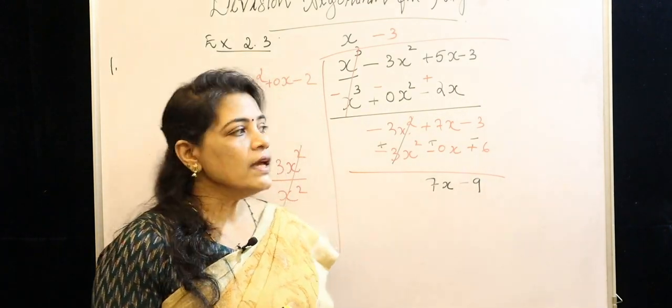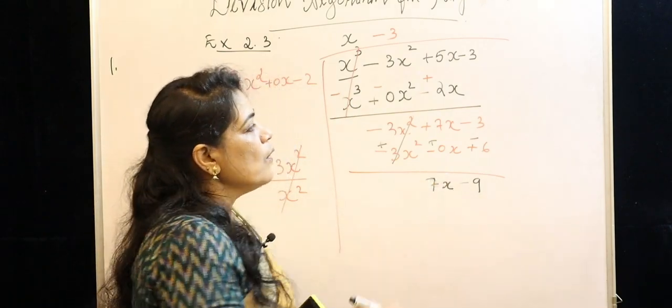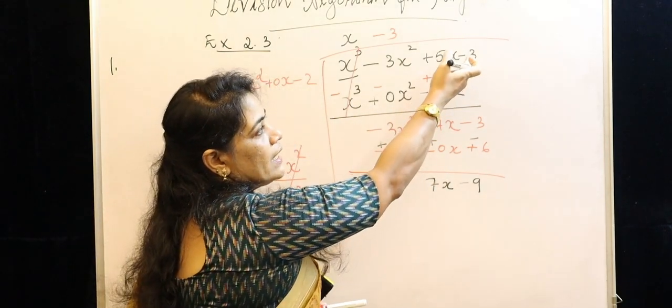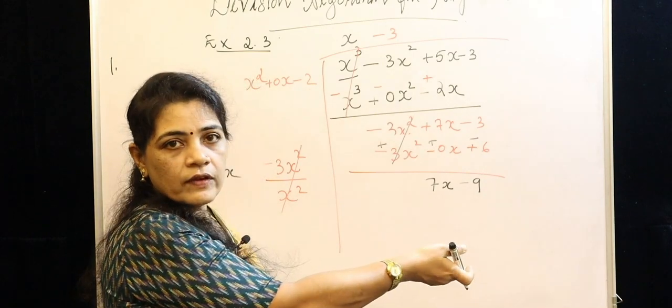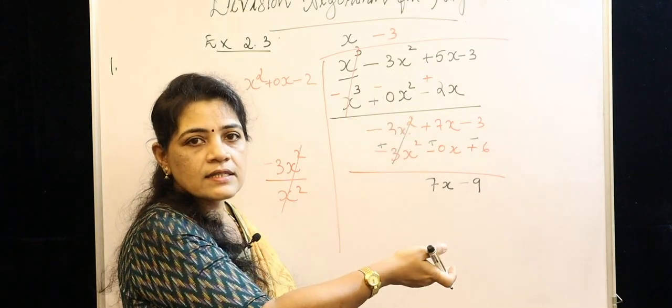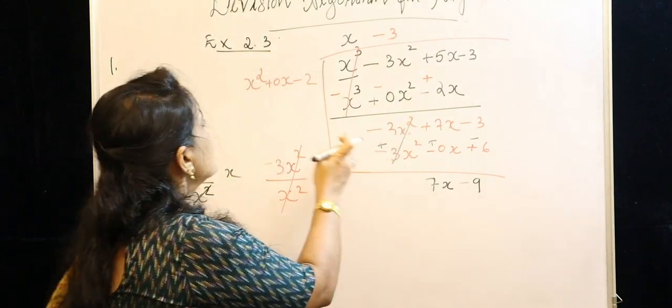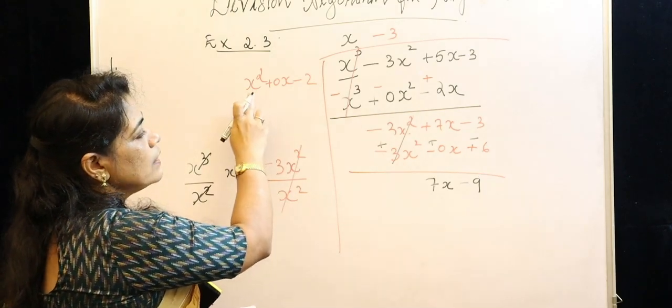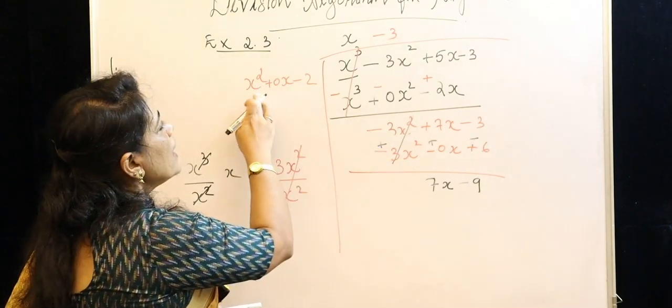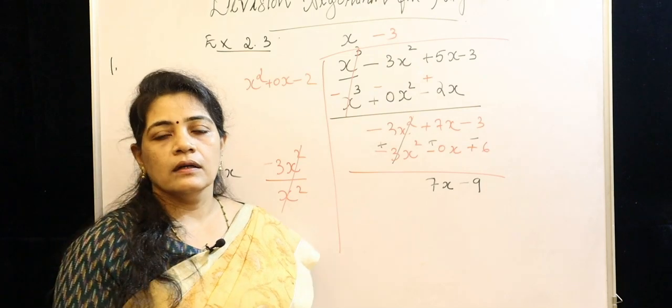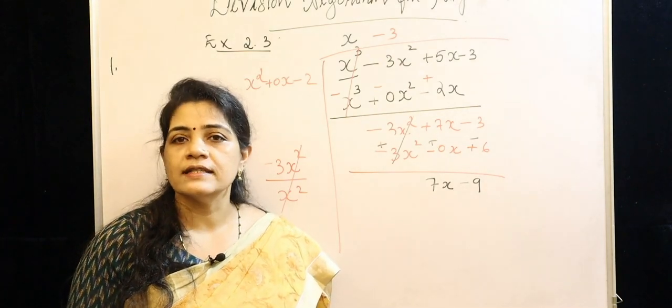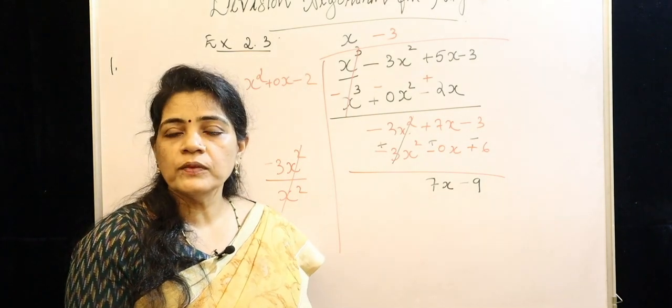Okay, so here we can't take any number down. We can bring all the terms we already considered. Now 7x: here the degree of the remainder polynomial is less than the degree of the divisor polynomial. So we can stop the division.